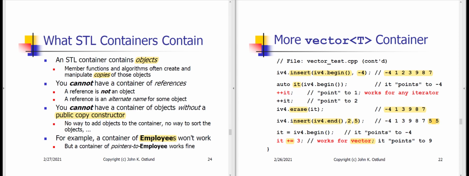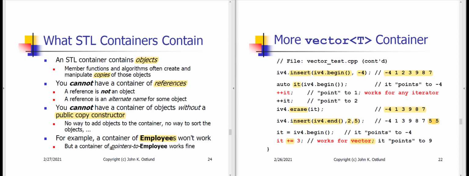So things that don't have public copy constructors can't go into containers. Likewise, references can't go into containers. You cannot have a vector of references to ints or a vector of references to employees.